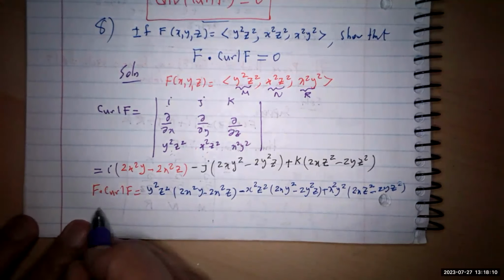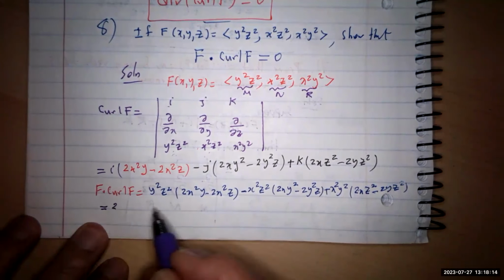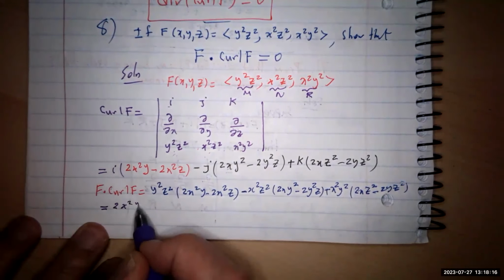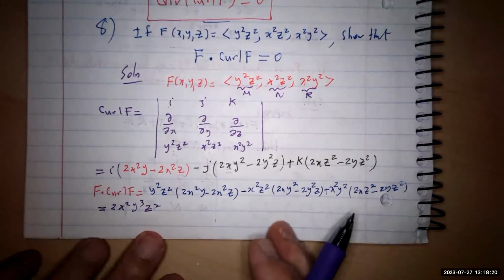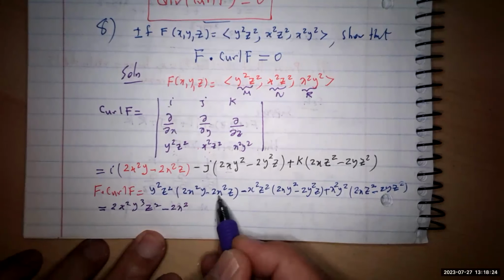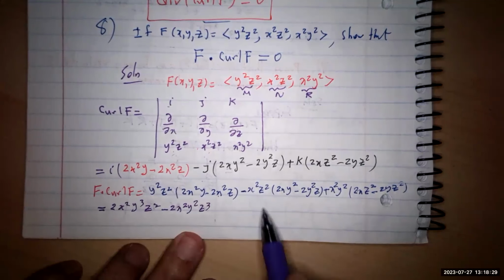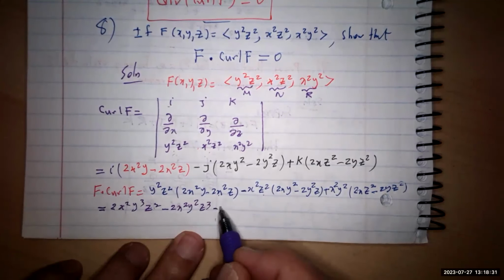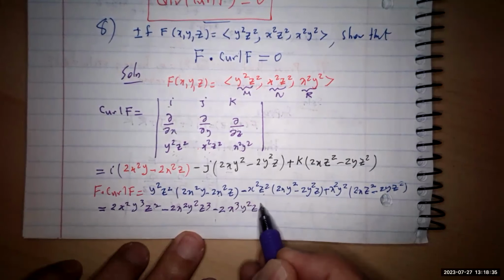Well, if you want to see it, multiply, that gives you 2x squared y cubed z squared. That's the first one. Next one is going to be minus 2x squared y squared z cubed. This one minus 2x cubed y squared z squared.